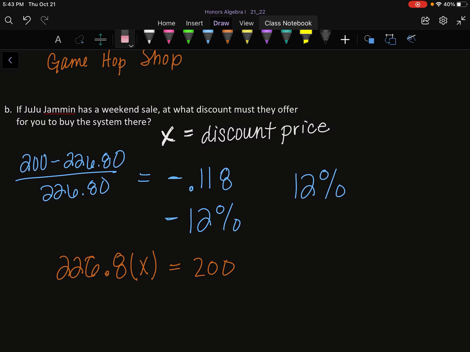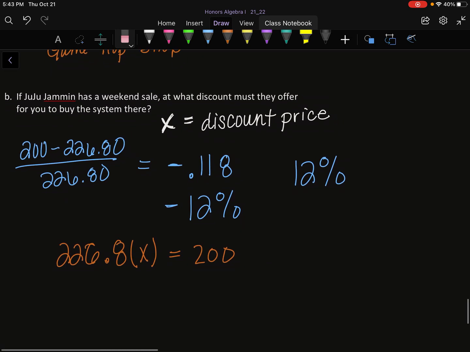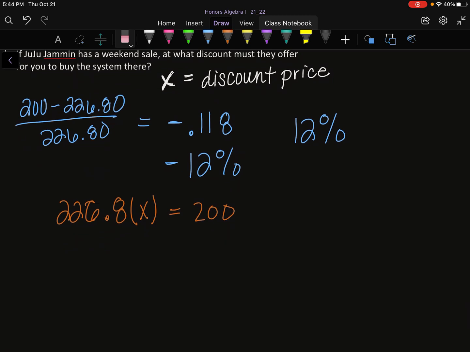Like you're paying 200, so really you're going to pay 88%. That's what you'll get if you do this one in orange here. I could also have subtracted 200 from 226.80, and then asked what percent of 226.80 is the 26.80, if that makes any sense too.